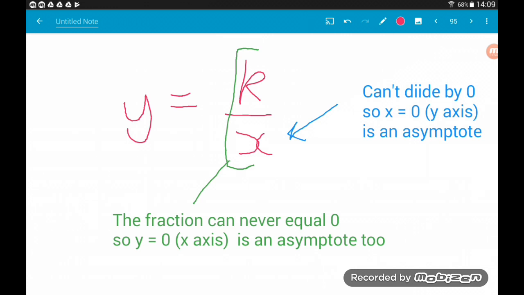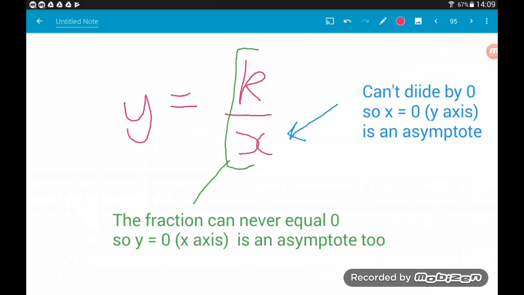But what is going to happen here, as x gets really big, then k over x gets really small. If we did k divided by a massive number, that's going to give us a really small number.